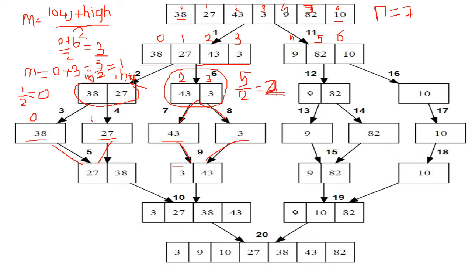Okay, after the merging of this list, we can merge these two sublists into one single array. This process would be repeated until we get the entire array as sorted array elements. Okay.